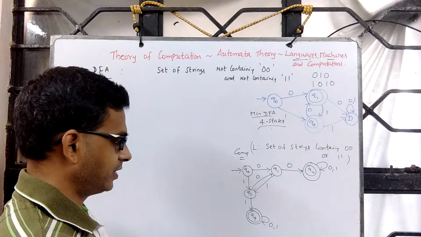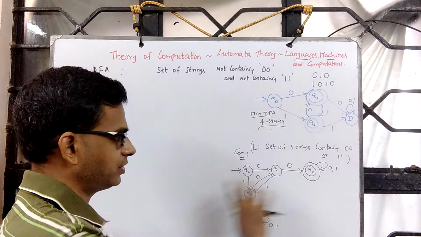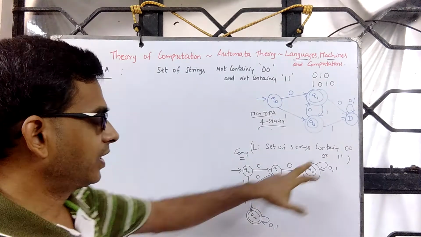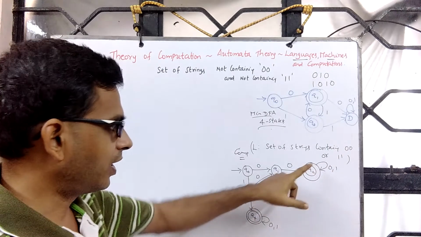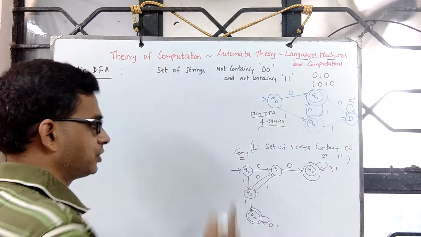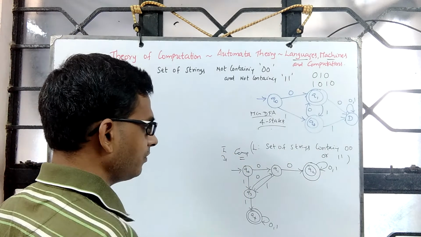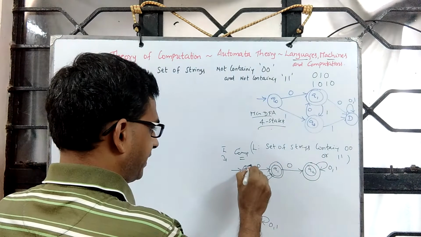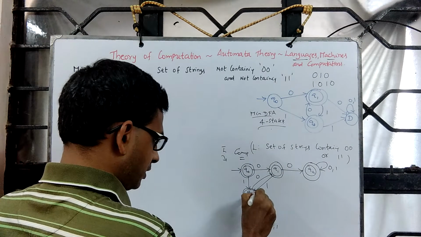And that's it. With respect to each of them, 0 and 1 is defined. And this one is clearly a deterministic machine accepting the set of strings containing 0 0 or 1 1. But this one corresponds to the complement of this. So we need L complement. For L complement, what we do, we make this one final, this one final, this one final.